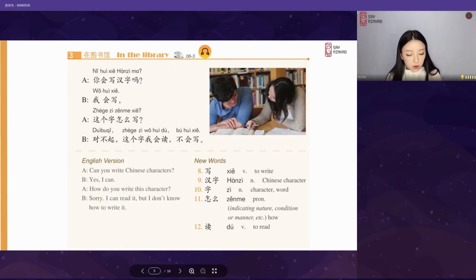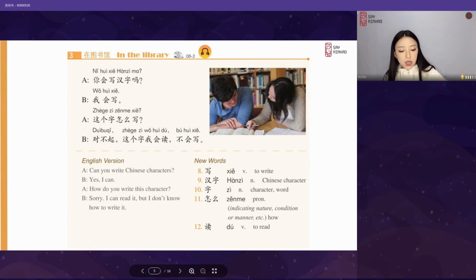Very good. Now let's move on to the text. I will read and please listen carefully. 你会写汉字吗？我会写。这个字怎么写？对不起，这个字我会读，不会写。Okay, now let's see.